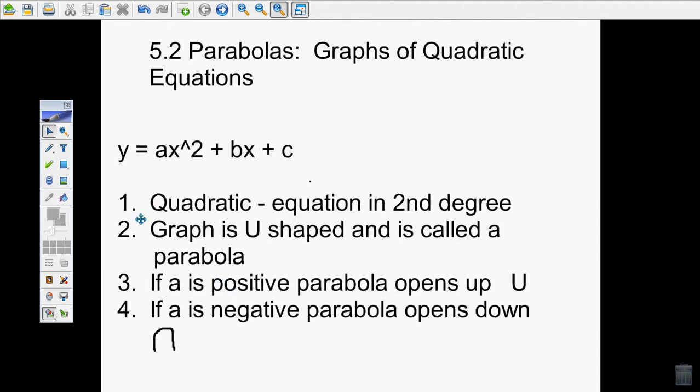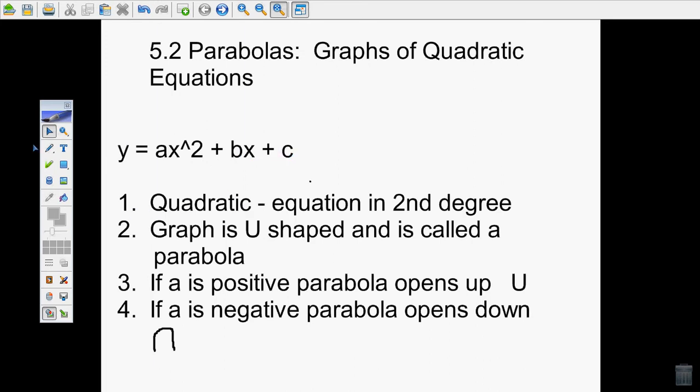A quadratic equation is in this form right here. It is in the form y is equal to ax to the second power. When we type it, we'll just do a little caret like this, but this means raised to the second power, plus bx plus c.